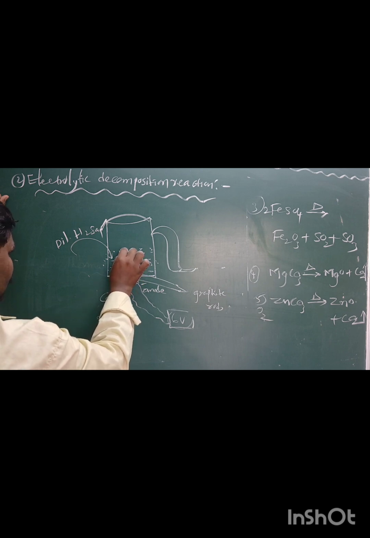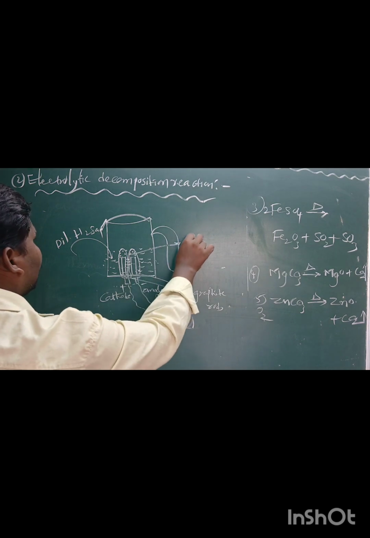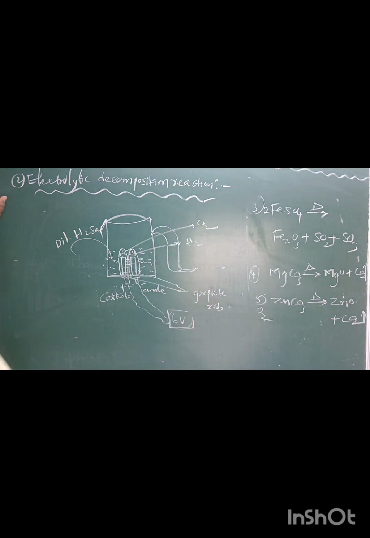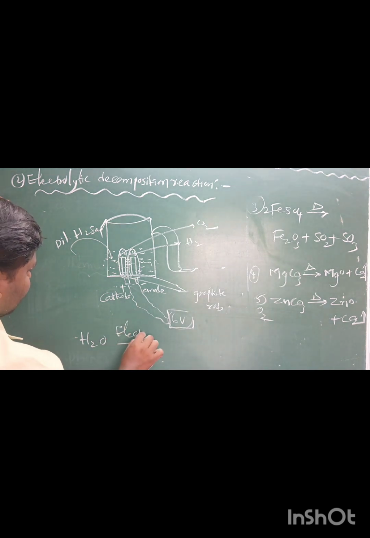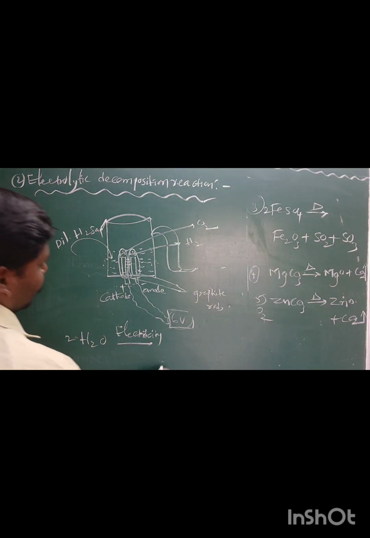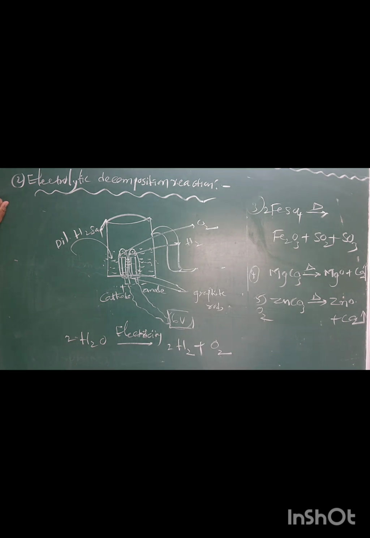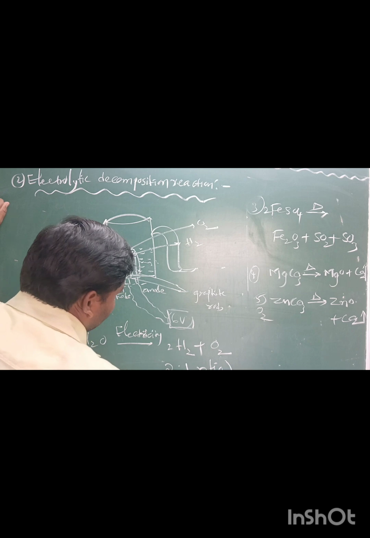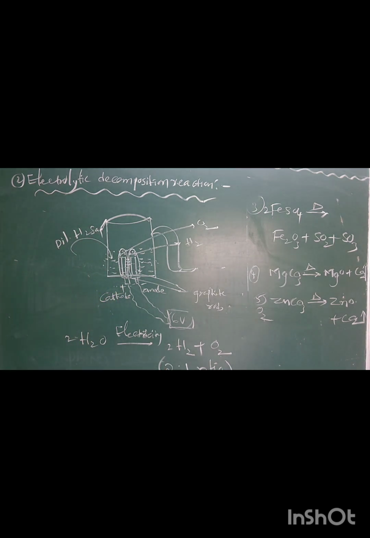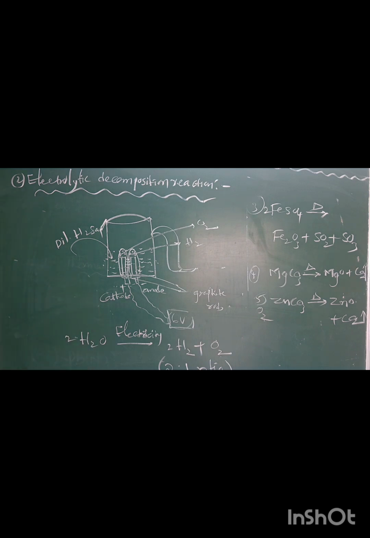We can observe here, bubbles are coming. Two gases are liberated. One is hydrogen gas, another one is oxygen. That means by passing electric current through the water, the water molecule decomposes to hydrogen gas and oxygen, in a 2:1 ratio. Hydrogen occupies more volume, followed by oxygen.